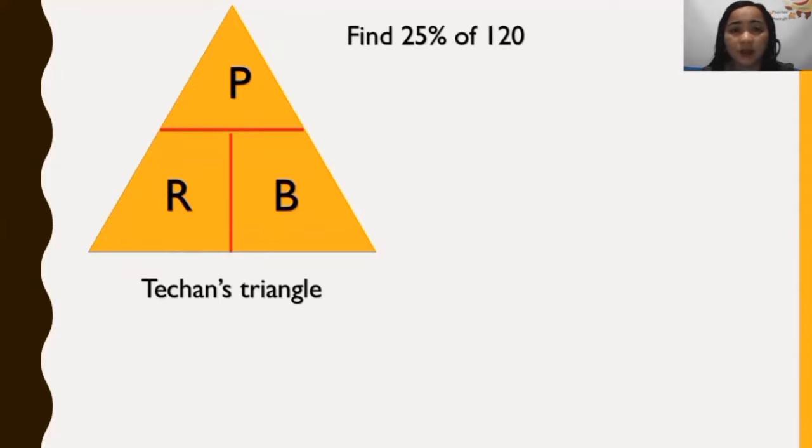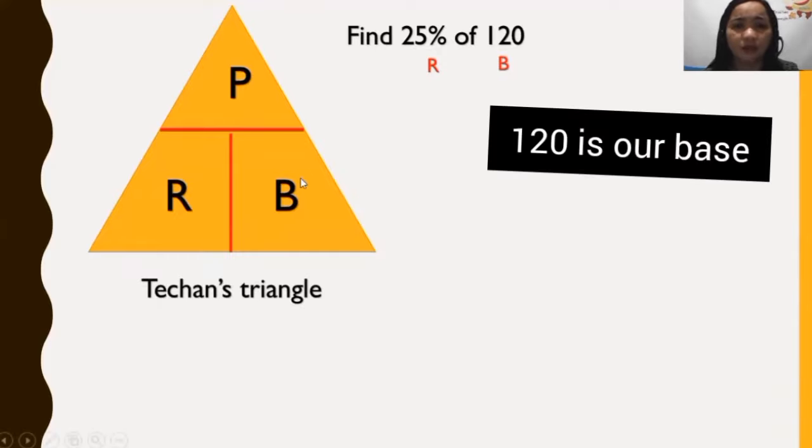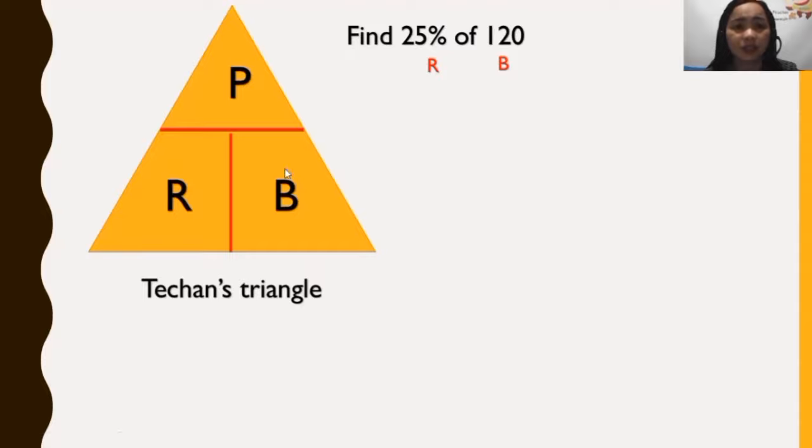Find 25% of 120. Now, I'll be giving you time to answer this. All right, let's see. First, identify what is missing in this problem. So 25% is our rate and 120 is our base. Therefore, what is missing is our percentage.